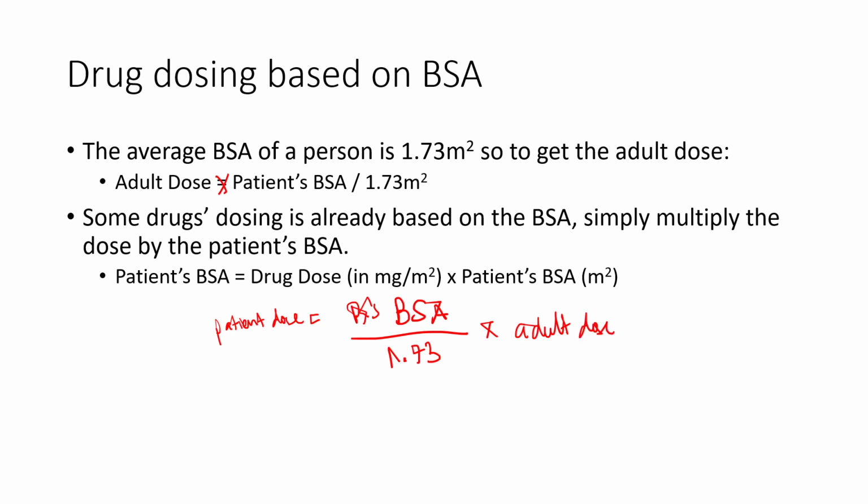Some drugs' dosing is already based on the BSA. So we have drugs that are already in milligram per meter squared. You simply need to multiply it by the patient's BSA.